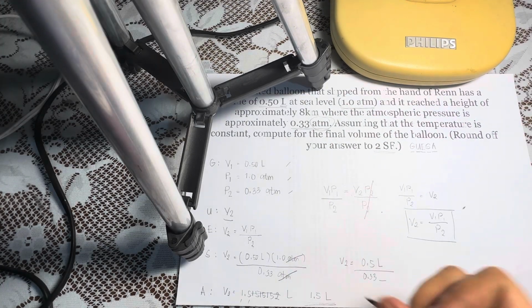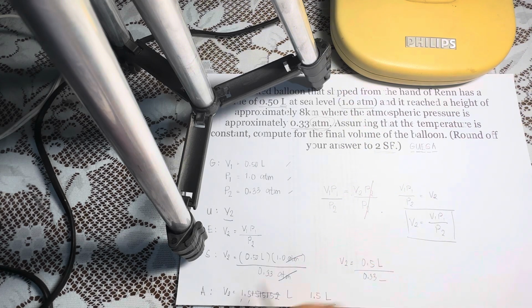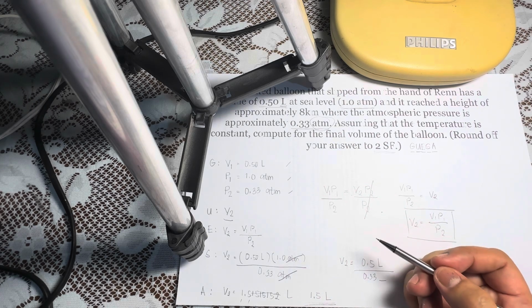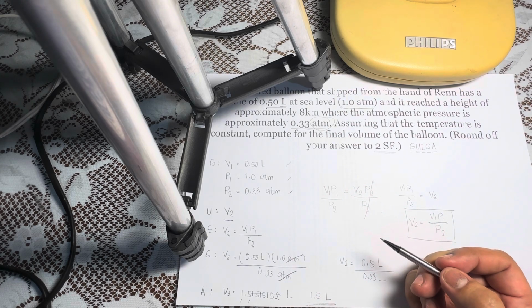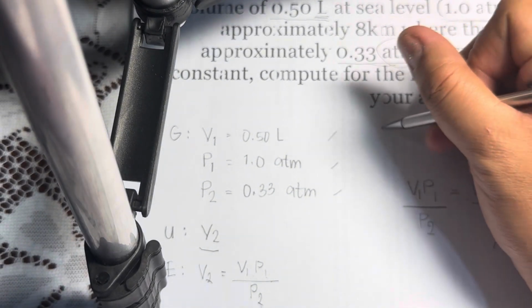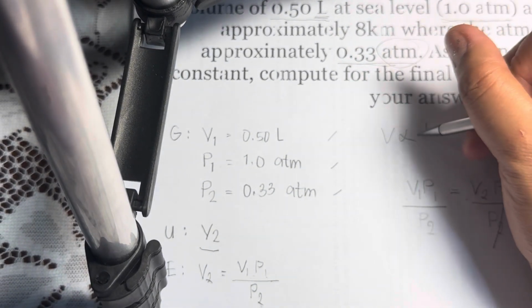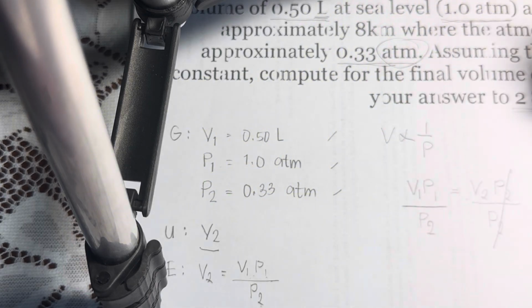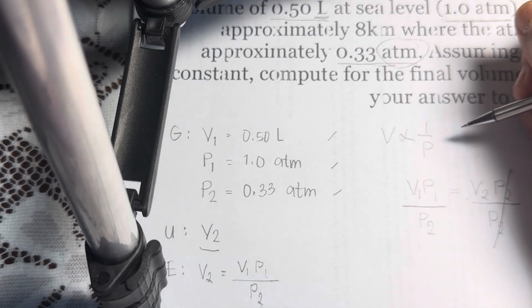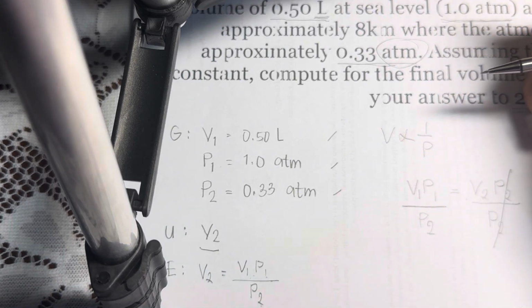Let us analyze then if your 1.5 liter as final volume is correct by analyzing the principle of Boyle's law. Okay, in Boyle's law, it says there, volume is inversely proportional to its pressure. Meaning, if your volume goes up, your pressure will go down.